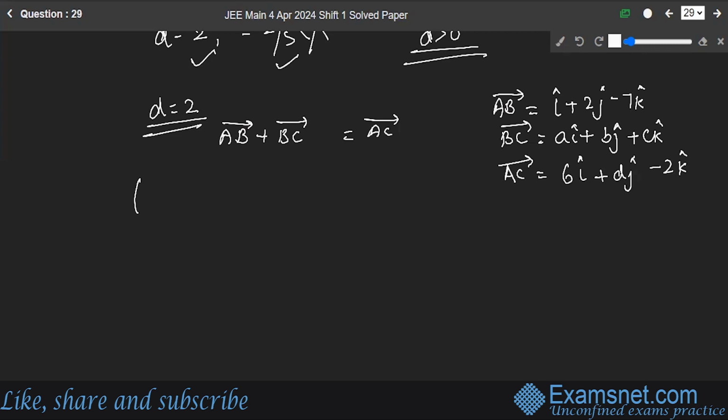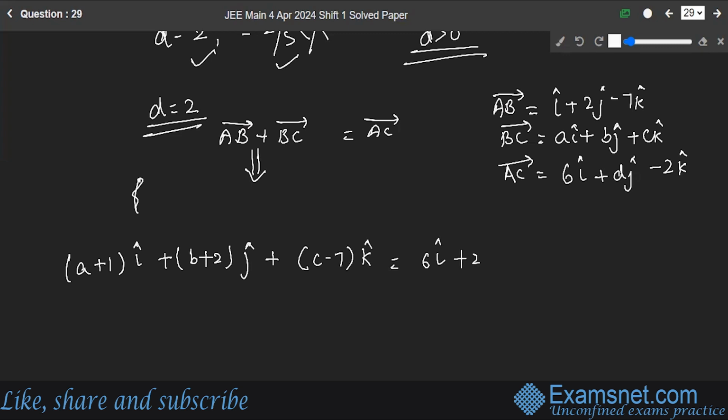Okay, so let's add them. You will have (a plus 1)i plus (b plus 2)j plus (c minus 7)k is equal to 6i, 2d was 2, I'm putting in the value, 2j minus 2k.